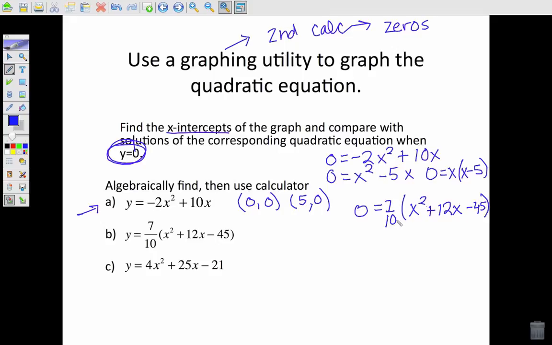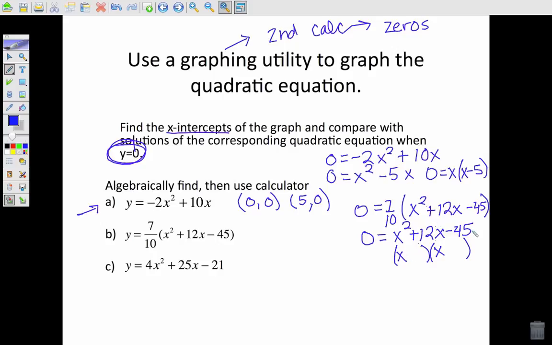The 7/10 is just in the way, so we're going to divide both sides by 7/10, or multiply by 10/7, and you get 0 equals x squared plus 12x minus 45. This does factor. You can do parentheses, and it factors to x. The factors of 45 with different signs that add to 12.